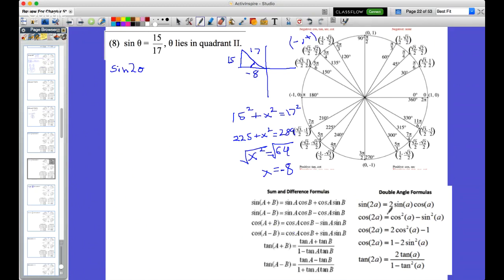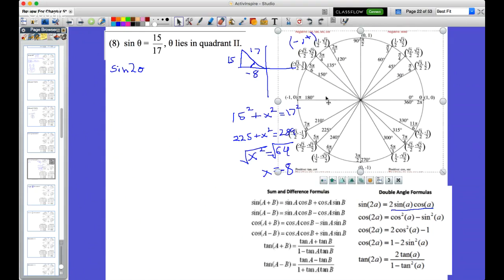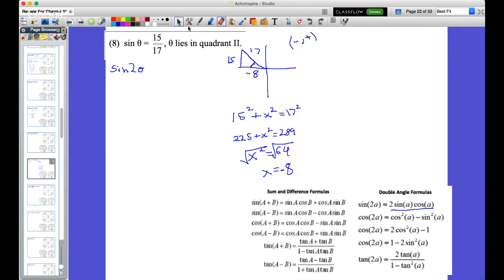We're just going to use this equation right here, 2 sine of an angle, cosine of an angle. But how do we find this angle? Essentially what we're doing is not using the unit circle. So I'm not using this unit circle at all, so I'm going to just get rid of that. My sine of theta is 15 over 17. Well, we've already established that.